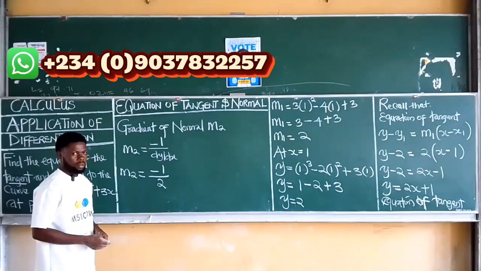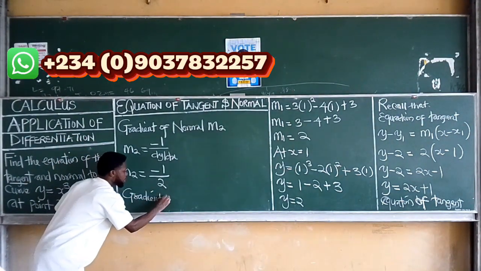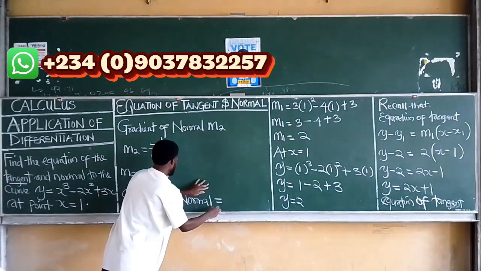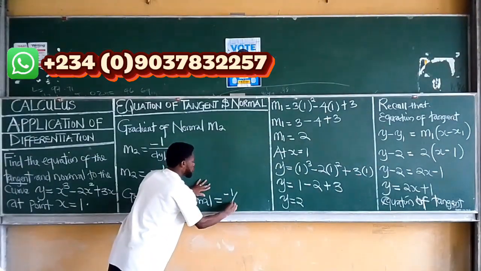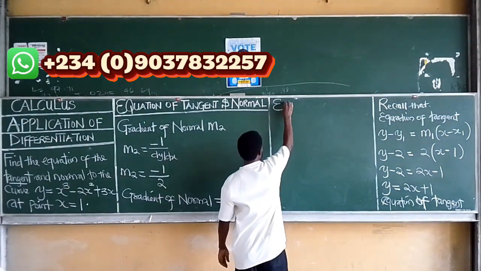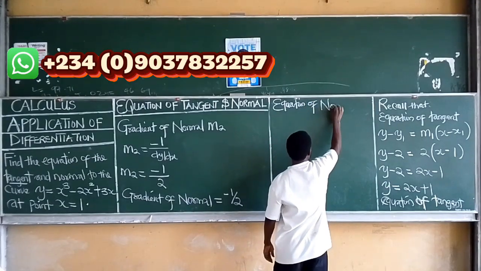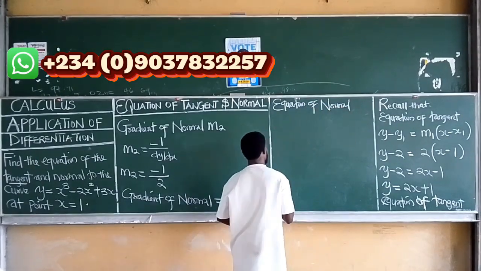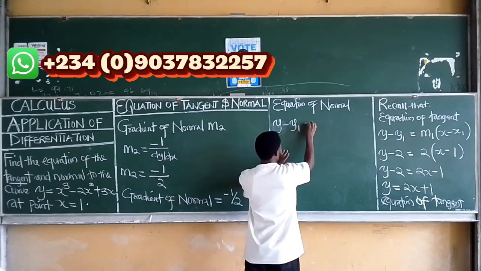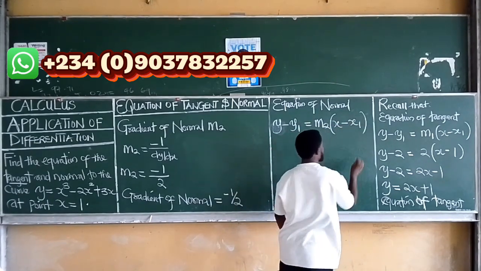That means the gradient of the normal is equal to minus 1 over 2. Let us record that. The equation of the normal to the curve is given as y minus y1 is equal to M2 times (x minus x1).